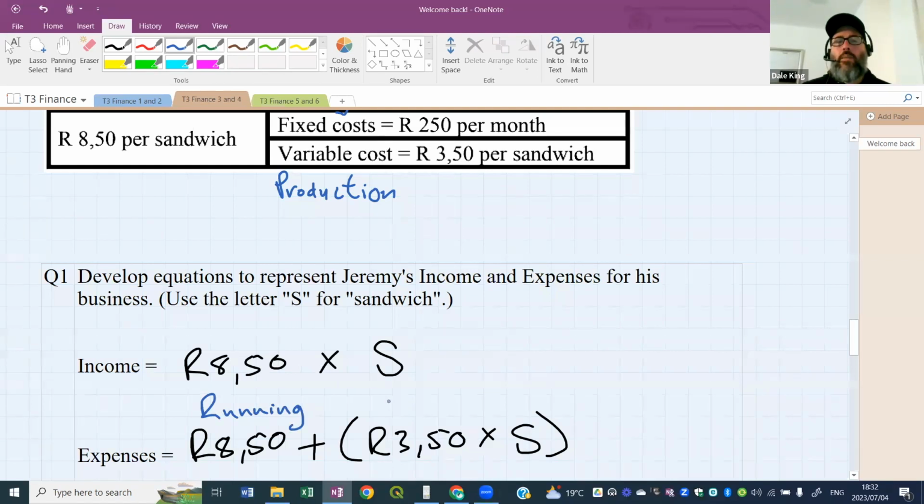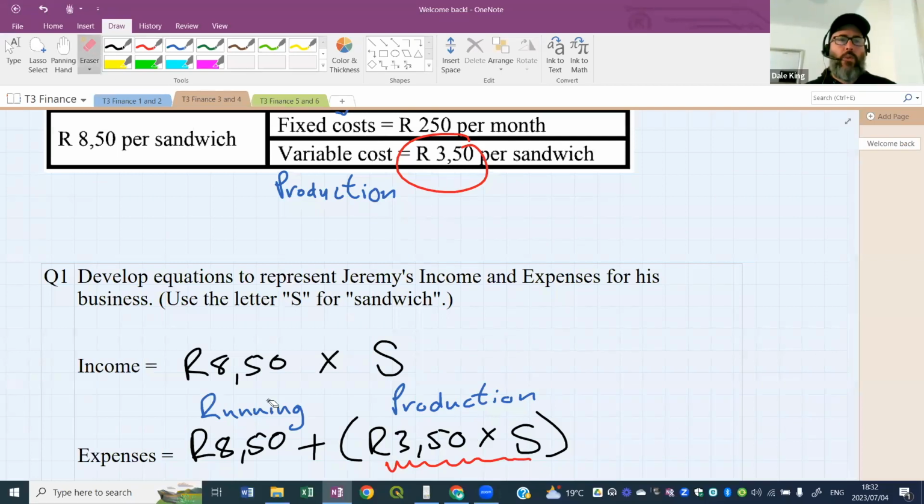And we need the production costs over here, or the variable costs. Now, how much it costs to produce a sandwich is R3.50. So it's R3.50 to make every sandwich. So this part of the equation is fine. That's how much it costs to make the sandwich.